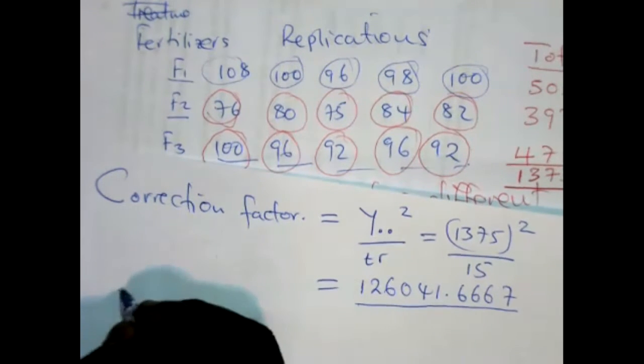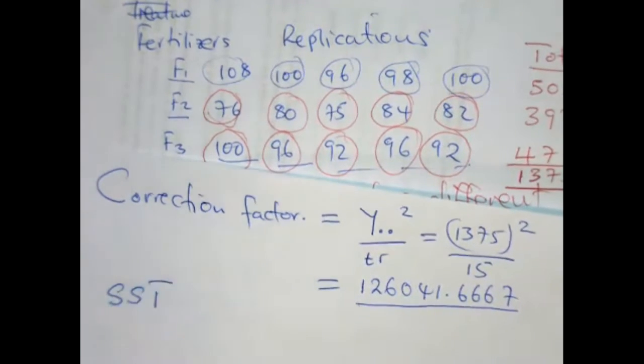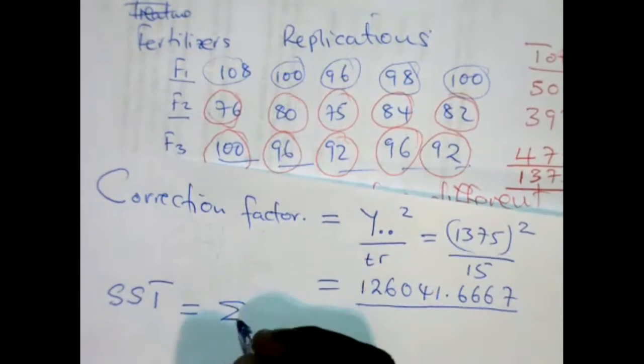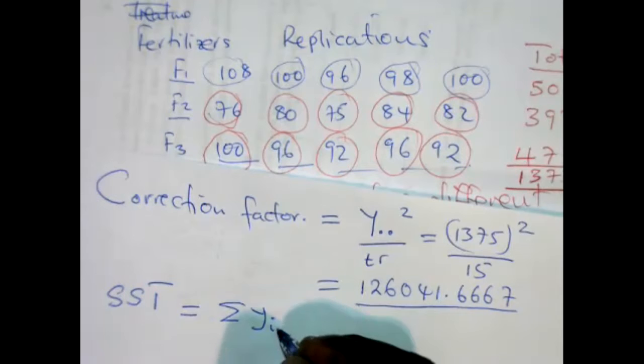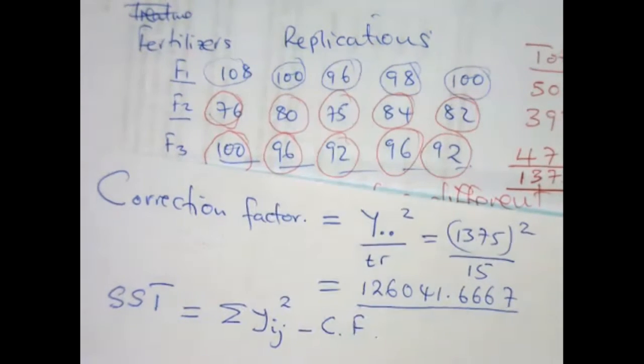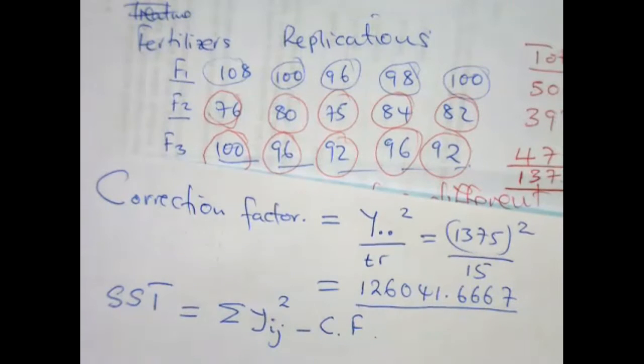We need to get SS total. SST, we said it is the same as the summation of Yij squared minus our correction factor. But take note of the summation of Yij squared. We are squaring each number.